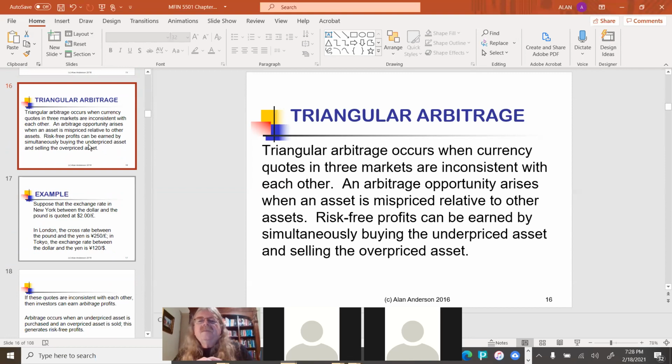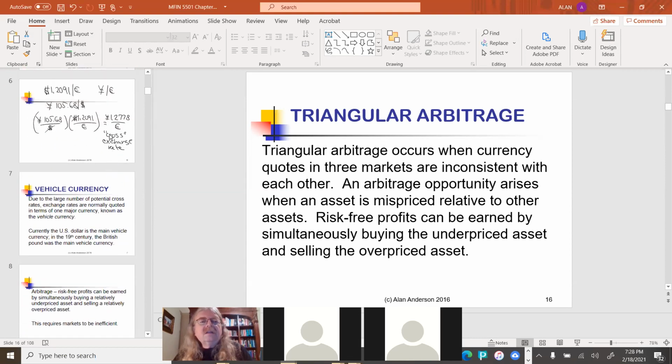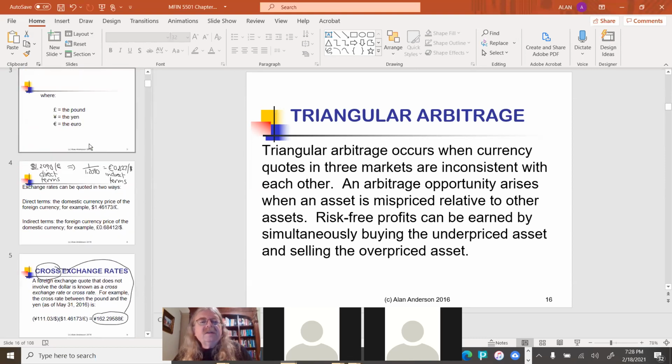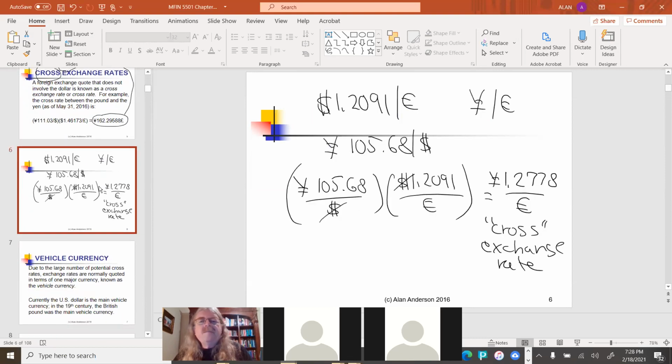We're going to claim here that if there's an inconsistency between the currency quotes, let's go back here for a second and revisit what we did before. If there's an inconsistency between these three quotes, these two dollar quotes and this cross exchange rate, then arbitrage opportunities will arise. These three have to be consistent with each other.